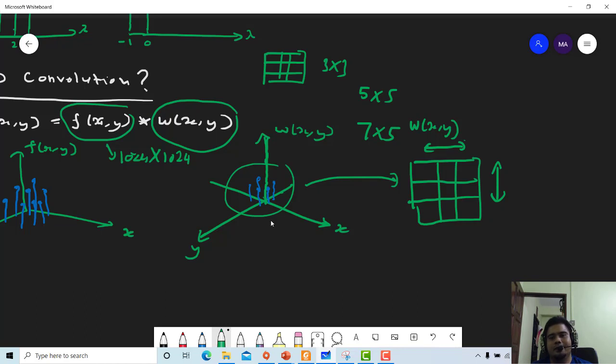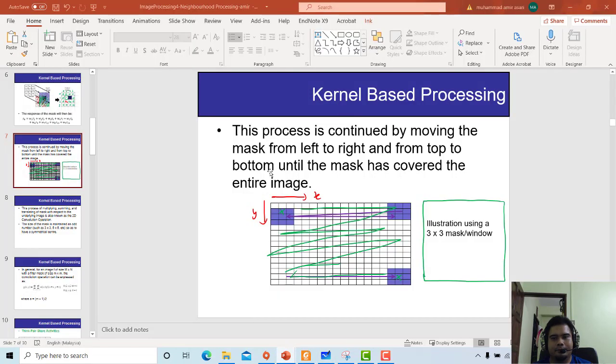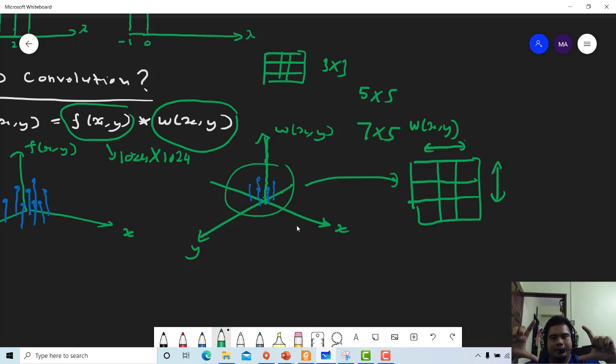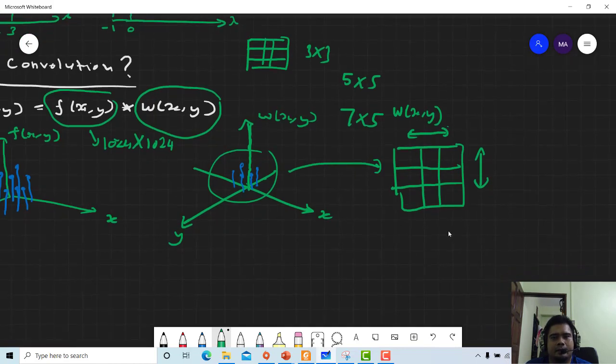Now the issue is, why in my slide do I not do that at all? Why don't I discuss the flipping operation? This is because in image processing, most of the time the filter coefficient W is symmetrical.